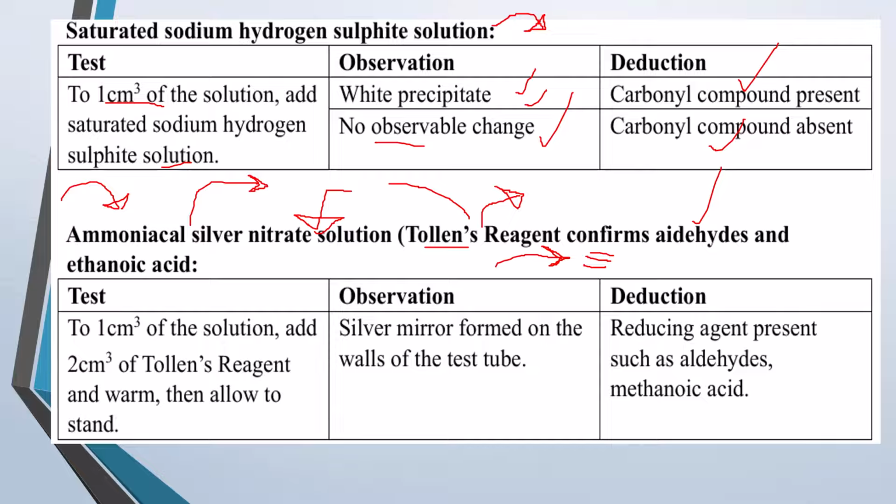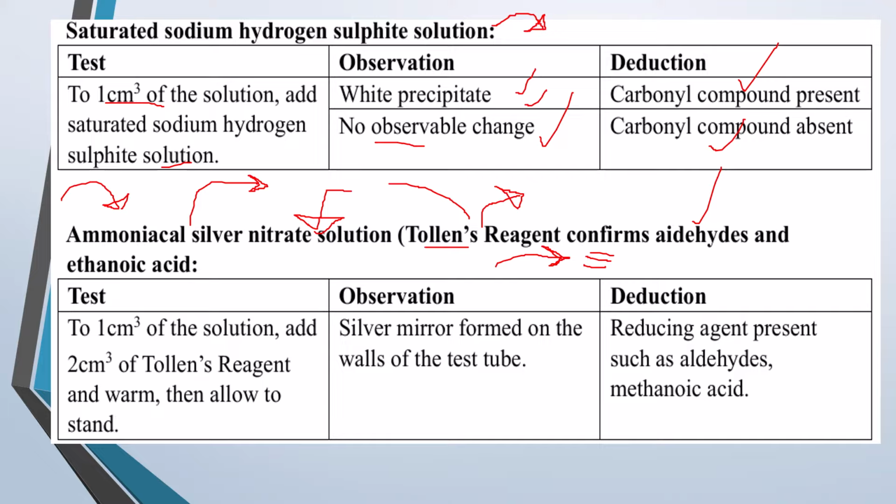So you cannot go to a theory paper and say that you're going to differentiate between methanoic acid and ethanoic acid using Tollens reagent. You will not qualify for any mark, so you'll be losing all the 3 marks on that number. But if you want to get all the marks, then you need to write the appropriate chemical name. So instead of writing Tollens reagent, you say ammoniacal silver nitrate solution.